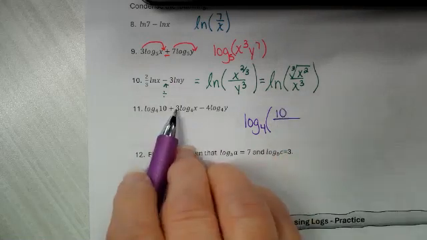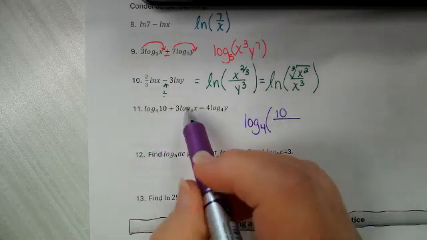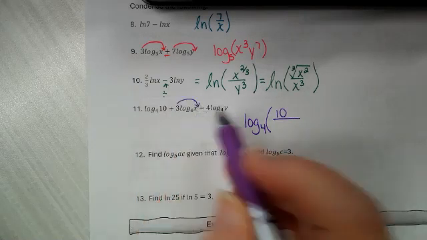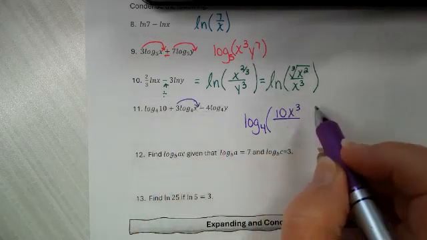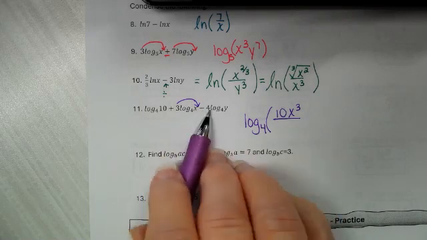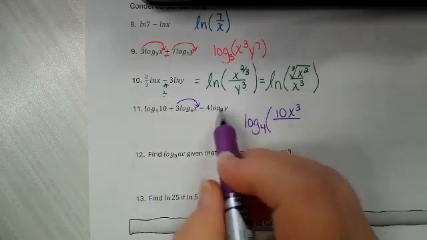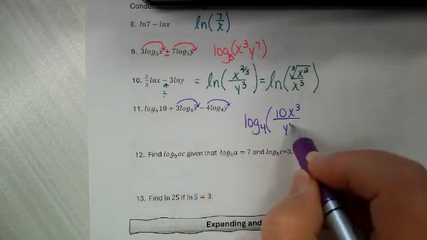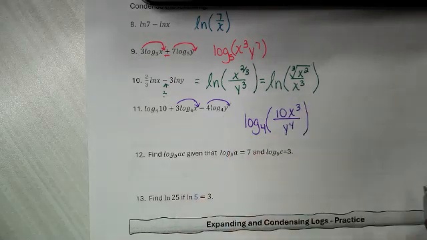And because this one says 3 log base 4 of x, my coefficient becomes the power. So that becomes x to the 3rd. And this is subtraction, so this is the division part on the denominator. My coefficient becomes the power. And I'm done.